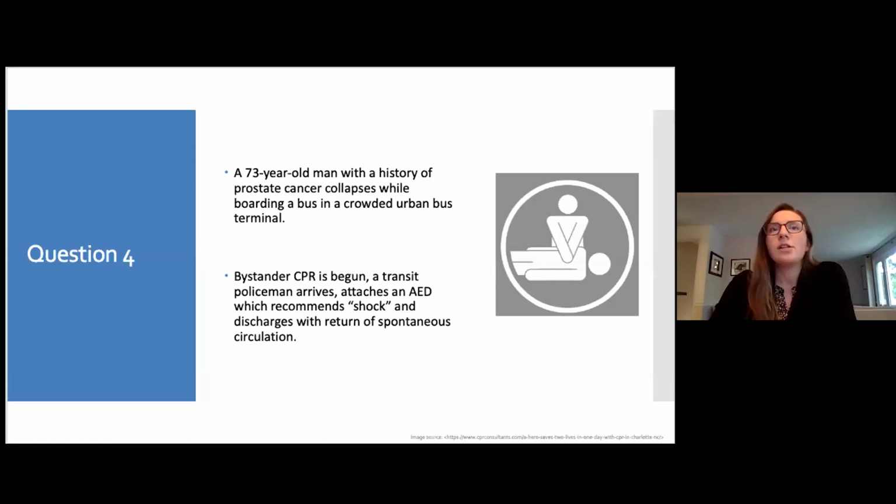Question 4. We have a 73-year-old man with a history of prostate cancer who collapses while boarding a bus in a crowded urban bus terminal. Bystander CPR is begun, transit policeman arrives, attaches an AED which recommends shock, and discharges, and he has return of spontaneous circulation.